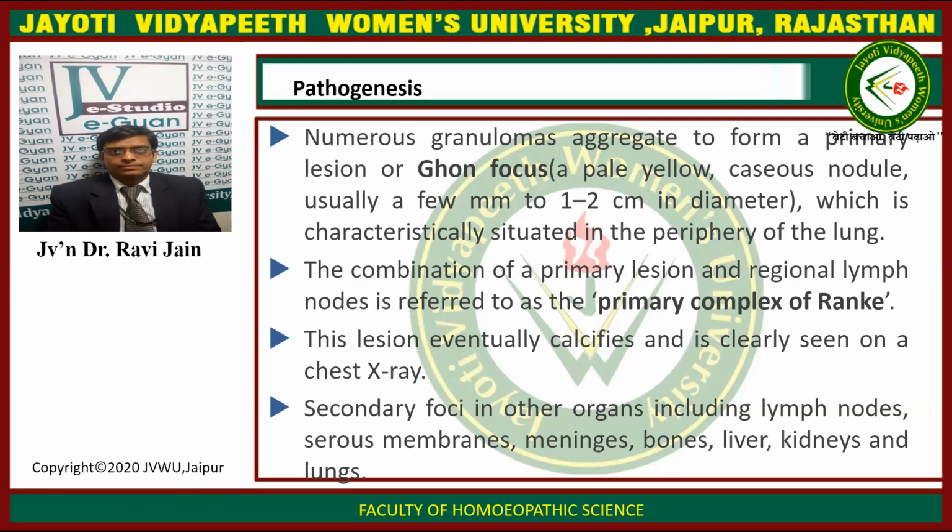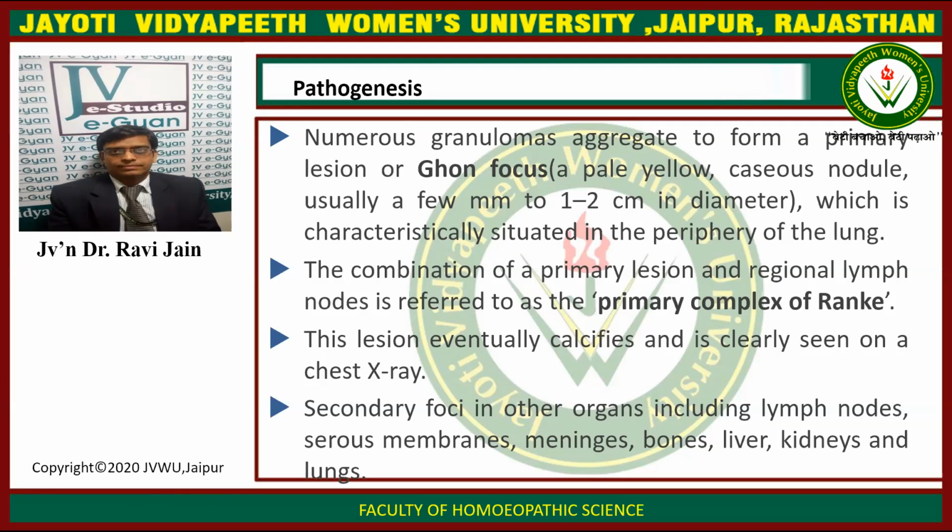A pale yellow caseous nodule, usually a few millimeters to 1 to 2 centimeters in diameter, is characteristically situated in the periphery of the lungs. The combination of a primary lesion and regional lymph nodes is referred to as the primary complex of Ranke. The lesion eventually calcifies and is clearly seen on a chest X-ray.